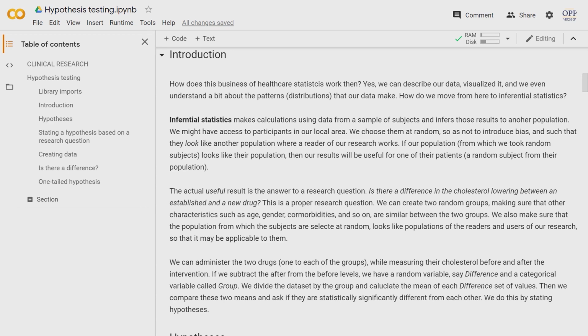So we're just going to compare these before and after. So our variable is the difference between before and after, and then we're comparing that variable between two groups, one group taking the new drug and one the old drug. And we just want to know if there is a difference. So how do we do that? Well, we set a hypothesis.